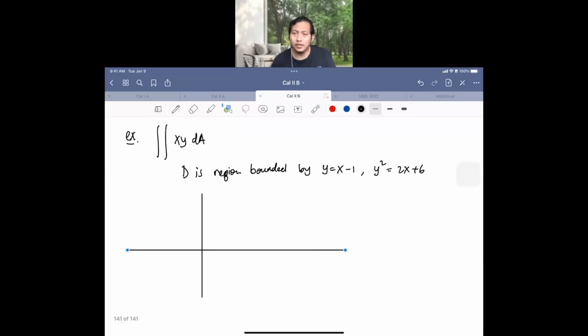If you are not really good at drawing, or sometimes you are not getting any idea of how the graphs look, I hope you can review some parts of Calculus 1 or some math from your previous semesters, maybe high school.